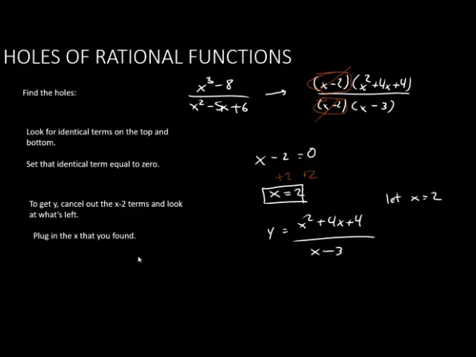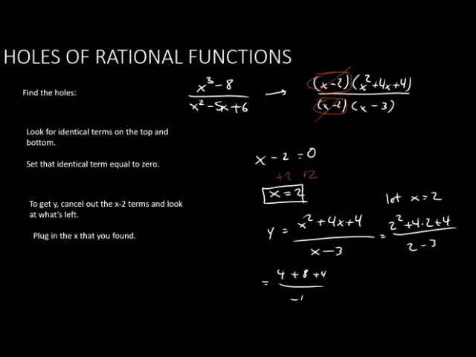Therefore, everywhere we see x, we now put the number 2. Therefore, we'll have 2 squared plus 4 times 2 plus 4 on top. On bottom, we'll have 2 minus 3. We'll end up with 2 squared, which is 4, 4 times 2, which is 8, plus 4, all over 2 minus 3, which is negative 1.